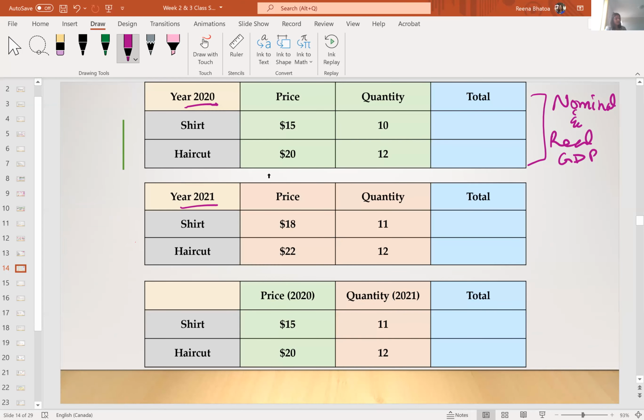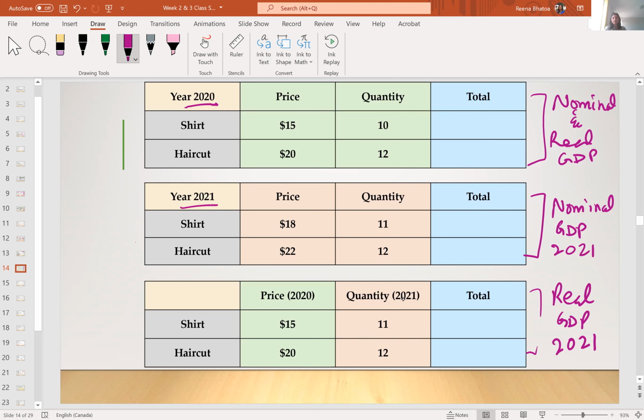For 2021, when you take 21 prices and 21 quantity, you will calculate nominal GDP. When you adjust it for the inflation rate, you use the previous year's price and the current year's quantity, and you will be able to calculate real GDP of 2021.